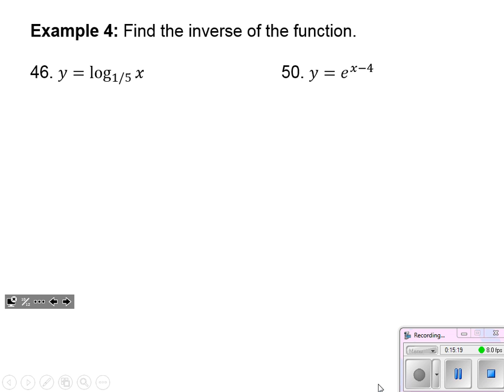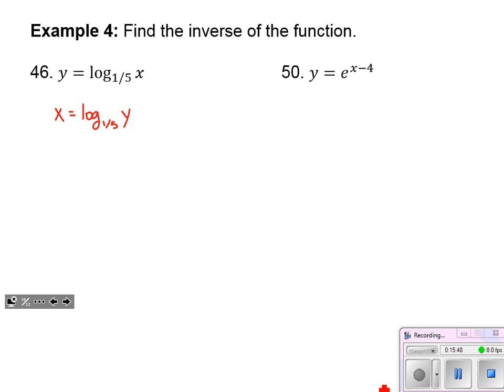Okay. Example 4 says find the inverse of the function. Well, if you remember back at the end of chapter 5 when we found inverses, what we wanted to do was flip the roles of x and y. So let's see what's happening here in number 46. If I flip the roles of x and y, I get x equals log base 1/5 of y.